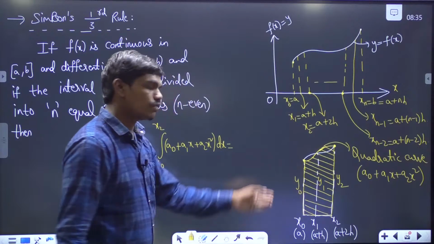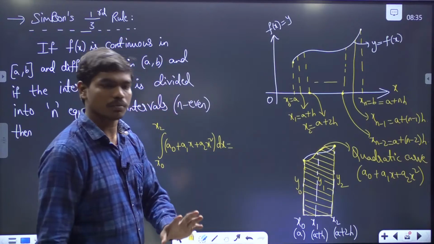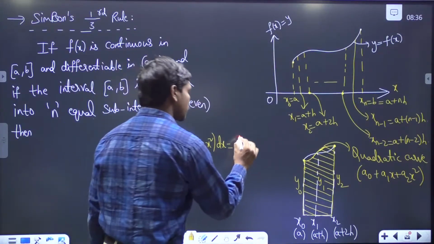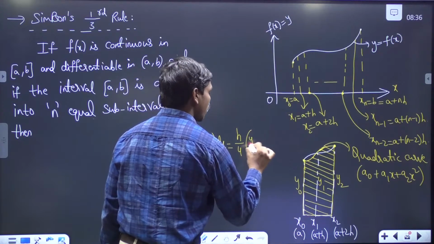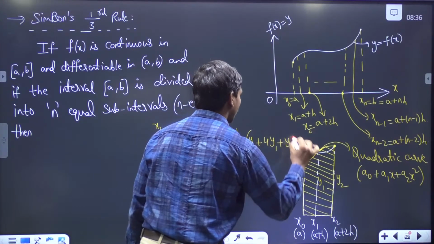Now this area, if you make calculations, I'm not making it purely because of time constraint. But if you make calculations for this, and if you equate, you'll be getting something like h by 4 into, where h is the step size, y0 plus 4 times y1 plus y2. This is what you'll get.